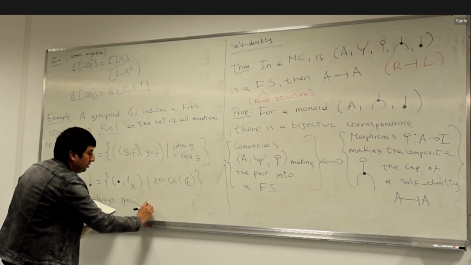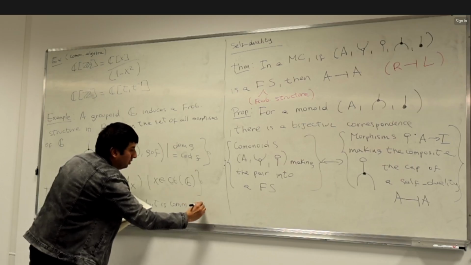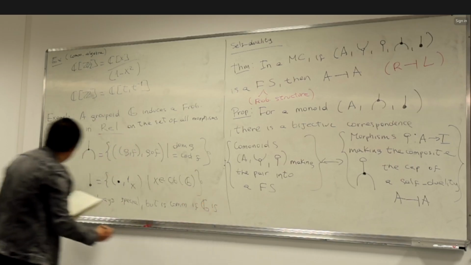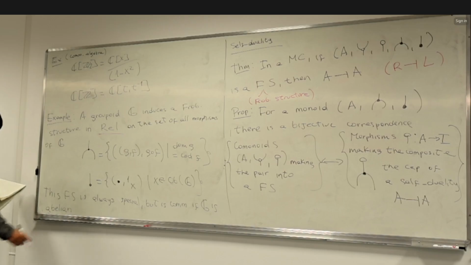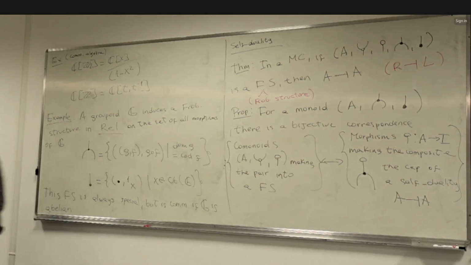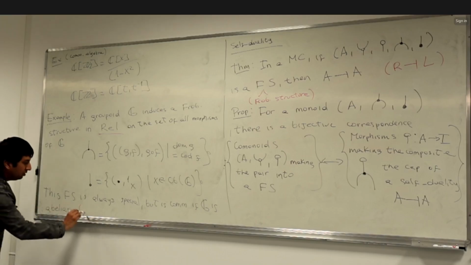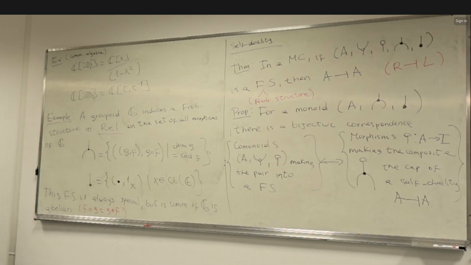But it is commutative if the groupoid is abelian. Okay. F compose. Right? That's not a condition you can always impose.